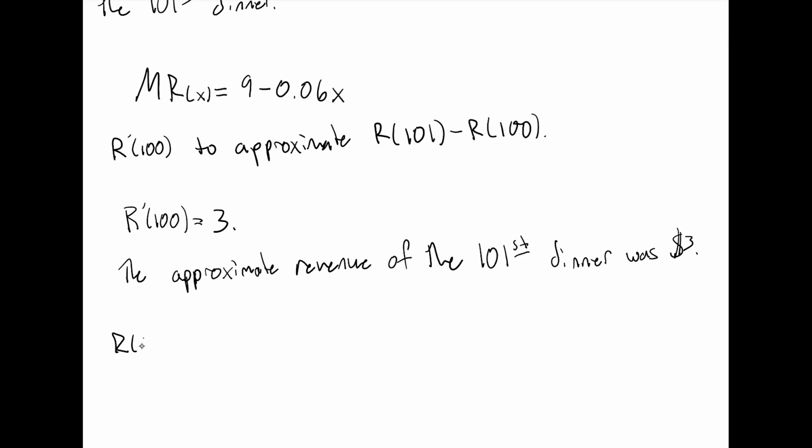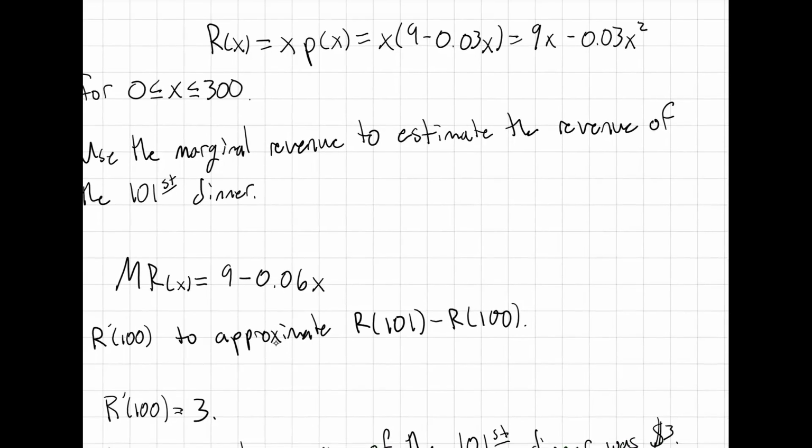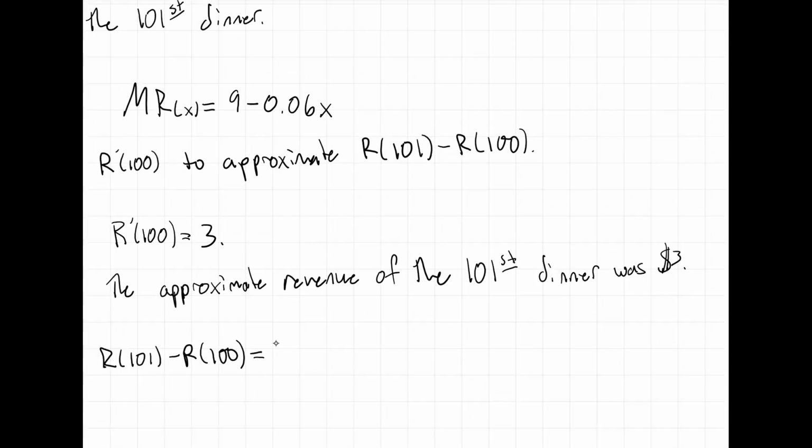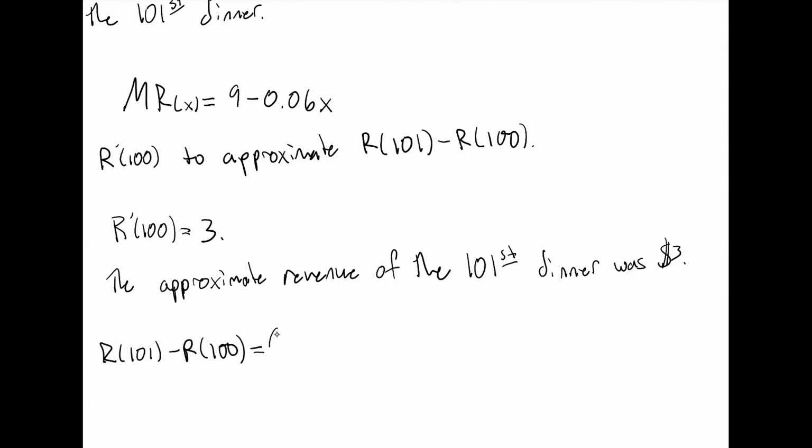We can get exactly what this is because we know what the R function is. So R of 101 minus R of 100 is, if we just look at our revenue function, 9x minus 0.03x squared. So we get 9 times 101 minus 0.03 times 101 squared minus 9 times 100 minus 0.03 times 100 squared.